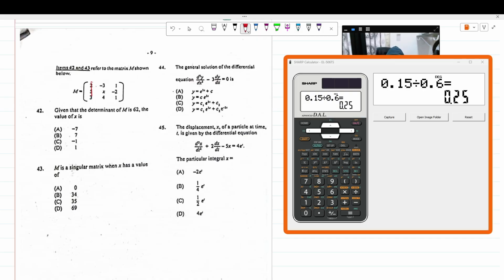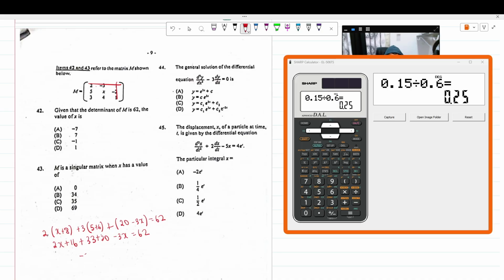Alright, so 2 multiplied by x plus 8, take away minus 3, so plus 3, multiplied by 5 plus 6, that's 11, plus 1 multiplied by 20, take away 3x, this is 62. 2x plus 16 plus 11 by 3 is 33, plus 20 minus 3x is 62.